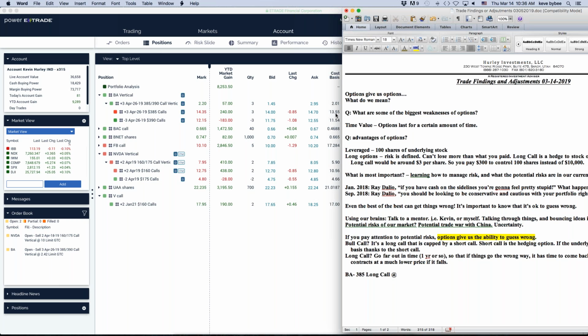And he paid $13.55, and sold a 390 strike short call for 11.54.